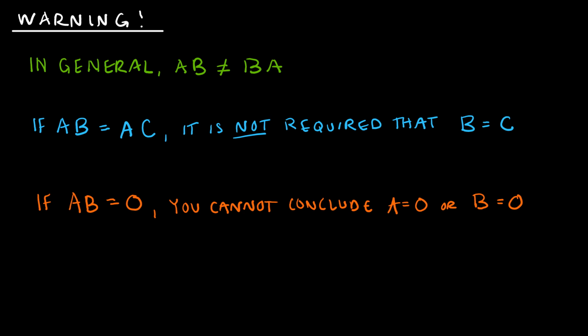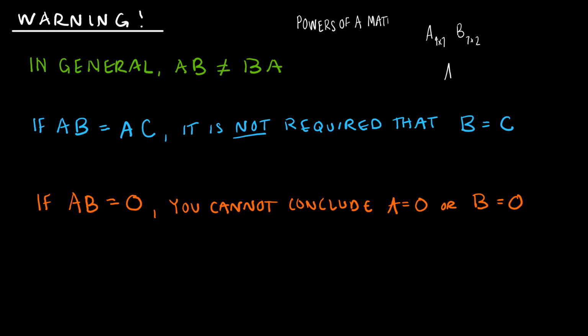And a few other things to keep in mind moving forward are these warnings. So in general, AB is not equal to BA. Now we've talked about that a lot. And again, the reasoning behind that is that we know that, say, A is a 4 by 7 matrix and B is a 7 by 2 matrix.